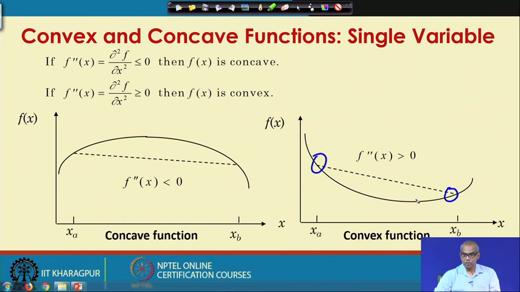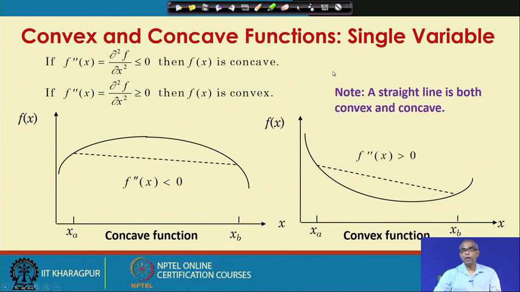So, for a convex function, the line will always lie above the function. What do you say about a straight line? Note that a straight line is both convex and concave.